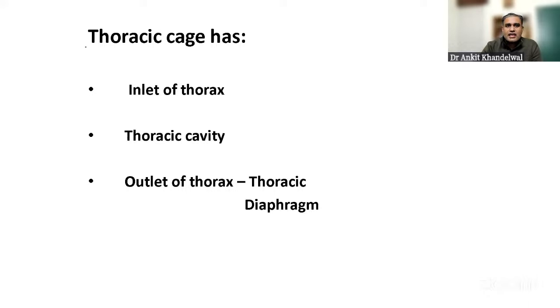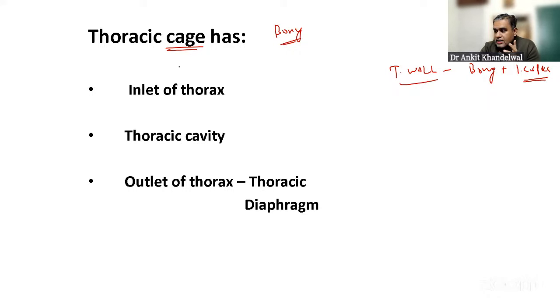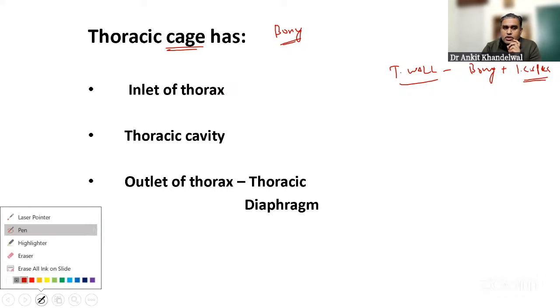Now, thoracic cage. When we say cage, it is the bony structure. And when we say thoracic wall, the wall includes the bony structure as well as all the structures lying in the intercostal spaces. That is the difference. Cage is the bony or osteocartilaginous structure, but thoracic wall refers to the entire wall.